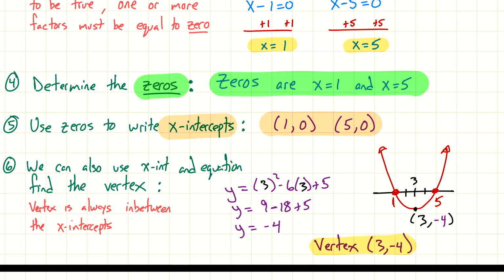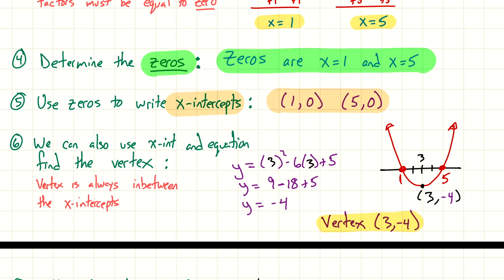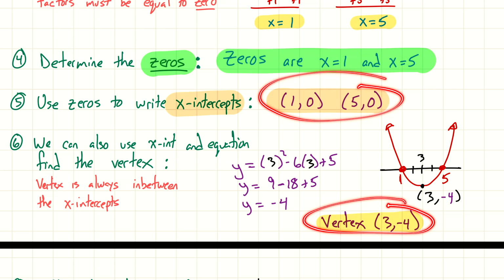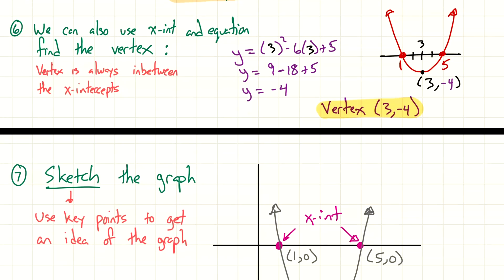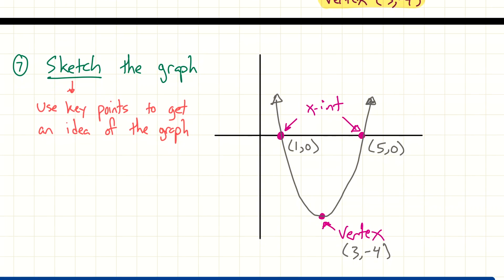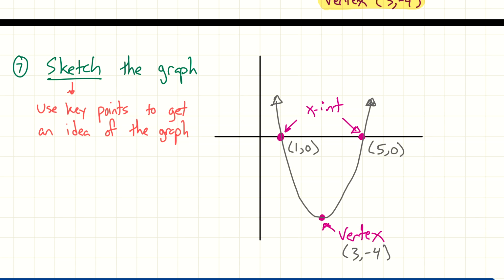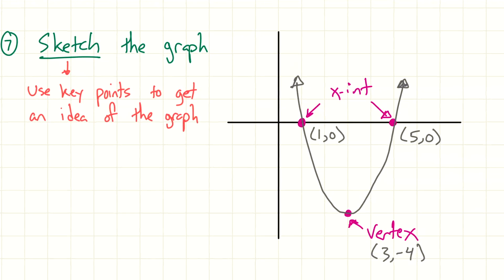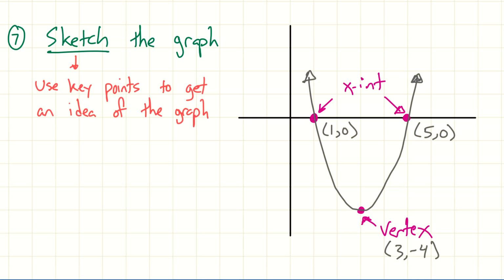All right. So at this point we have x-intercepts and we have a vertex. I already have a sketch of it, but here's a more official sketch. If our goal was to draw a picture, this is what it might look like. And this is a sketch. It doesn't have to be super accurate. In previous examples, I had 5 or 7 points plotted.